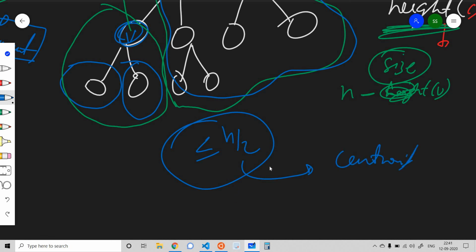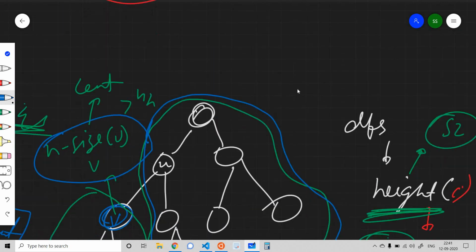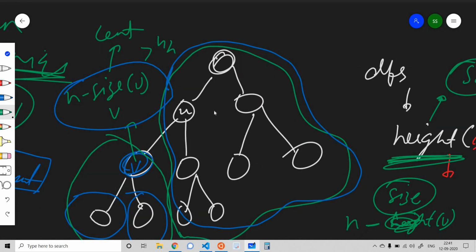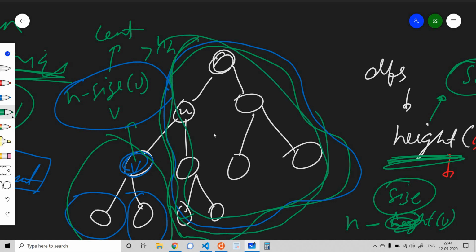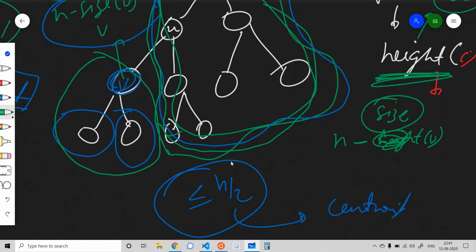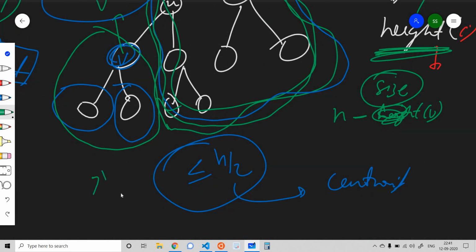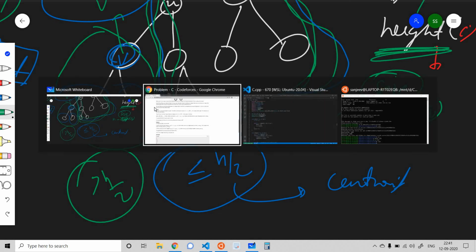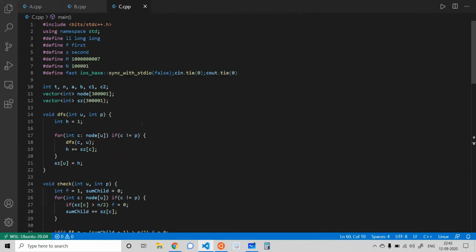So I check all the children subtrees, and I check the subtree which is above the current node, which contains its parent. Okay, so I check all of them. If none of them is having greater than n by 2 nodes, then it is a centroid. Okay, yeah, let's move to the code part now.